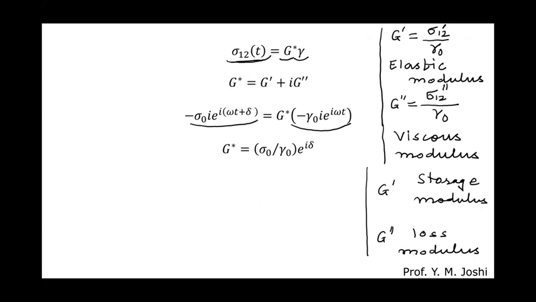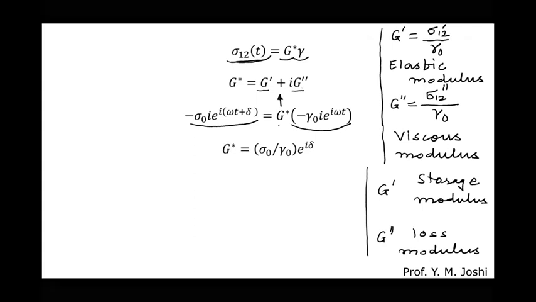All right. So now if we represent the complex modulus as G prime plus i G double prime, keep in mind that just a while back we defined what is G prime and what is G double prime. Now this is another alternate but equivalent definition of G star, which is the complex modulus.